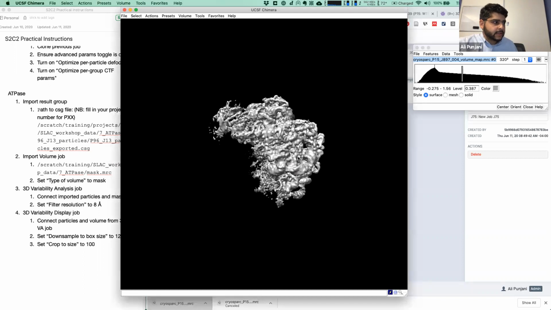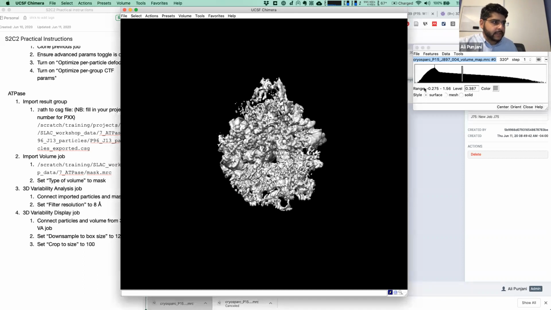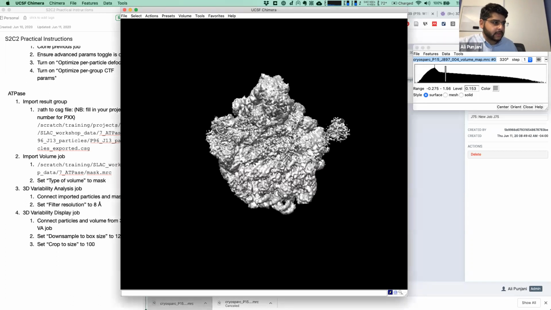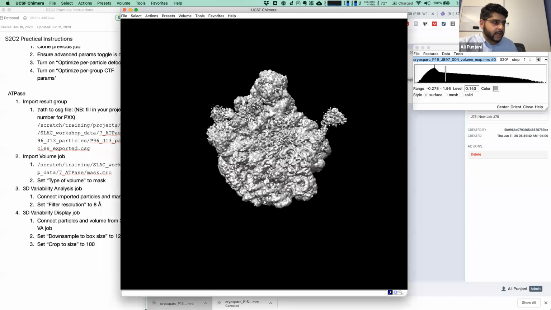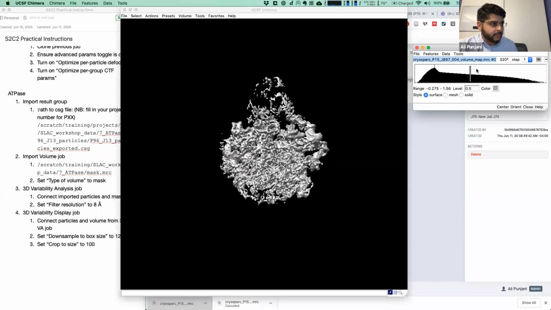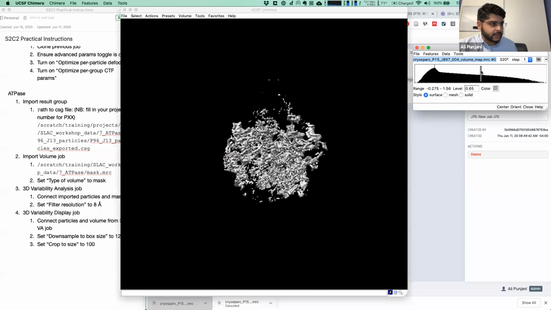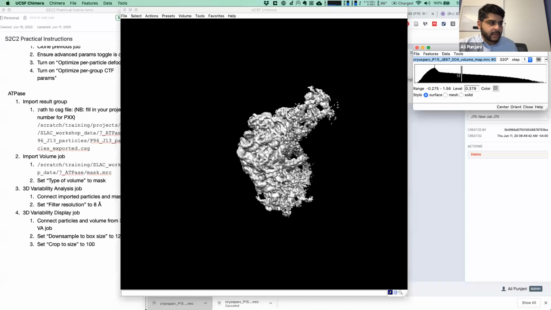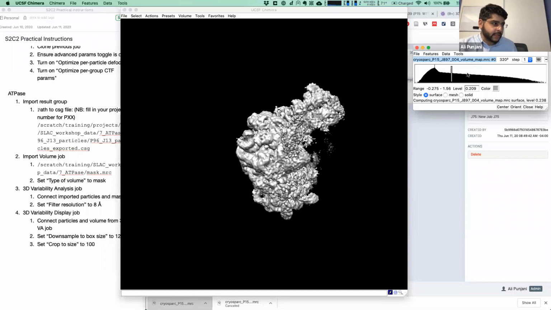So when we're looking at this ribosome assembly, we can see that as we change this threshold slider, we can see parts of the protein appear at very low density, meaning that they were present in very low occupancy. And as we increase the slider, we can see other parts of the protein disappear and appear. So it's clear just from this that there's some substantial amount of heterogeneity in this data set.